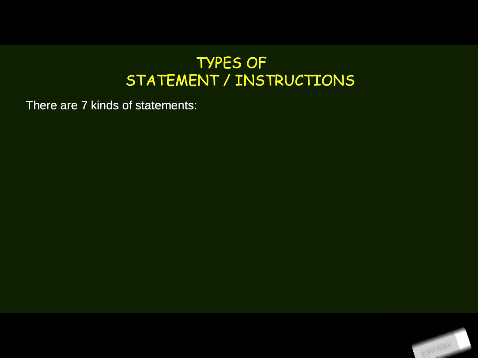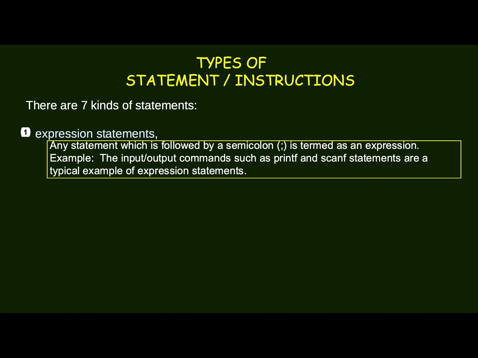Now, let's look at some of the types of statements. The first one is the expression statement. So what is an expression statement? Any statement which is followed by a semicolon is termed an expression statement.